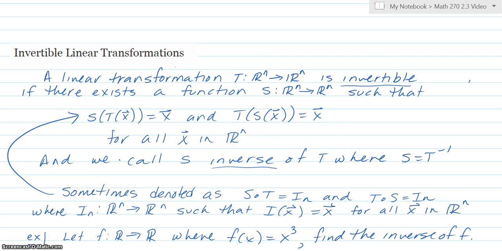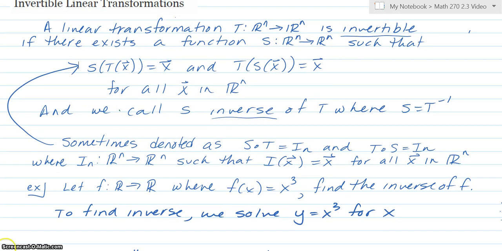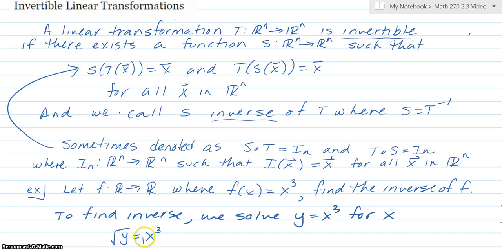So let's look at an example of this just in R, in algebra. Let f go from R1 to R1, where f of x is equal to x cubed. Let's find the inverse. Well, if you remember from our algebra days, to find the inverse, we solve the equation y equals x cubed for x. So to solve for x, I'm just going to take the cube root of both sides.